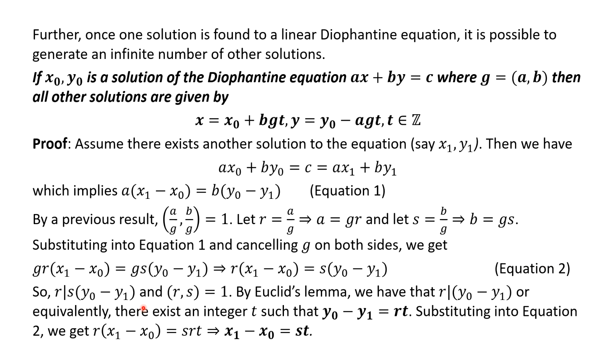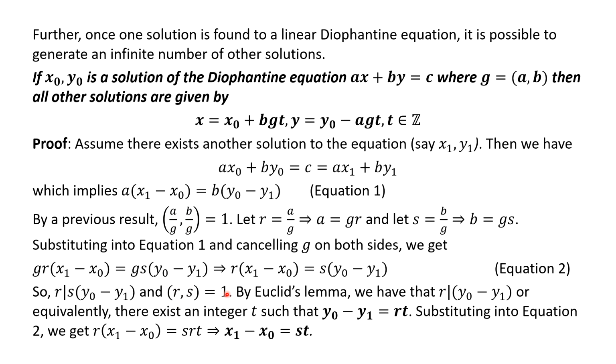Which I've labeled. So r is a factor of this term here. r divides s times y sub 0 minus y sub 1. And we know that the GCD of r and s is 1, right? a over g and b over g, that's r and s.